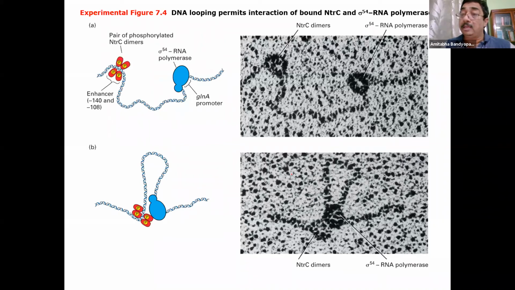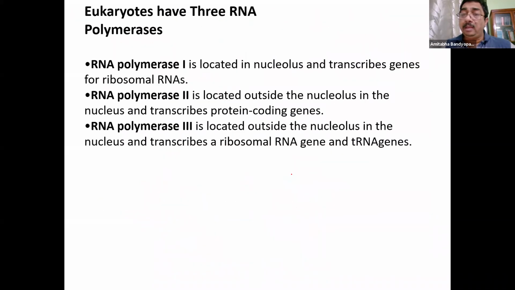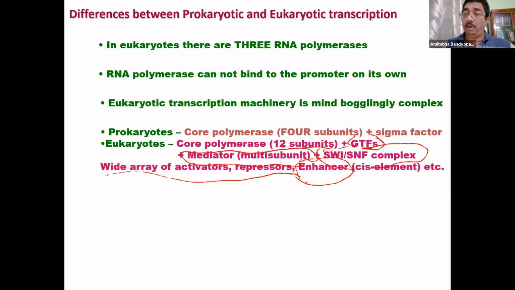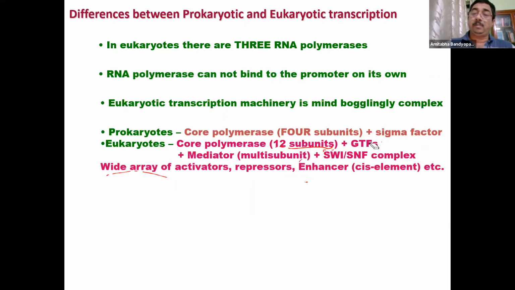That is called an enhancer sequence, and that is standard for eukaryotic genes. This is a cis element. Everything else other than the enhancer is called trans elements.